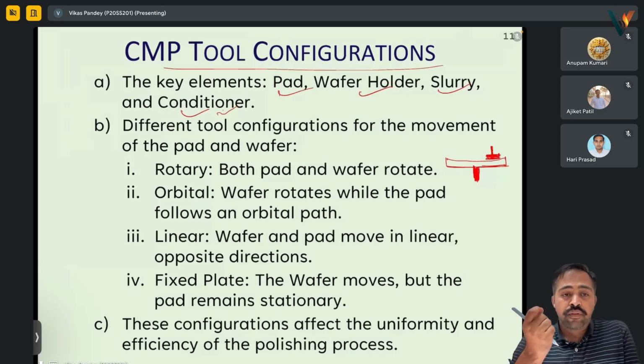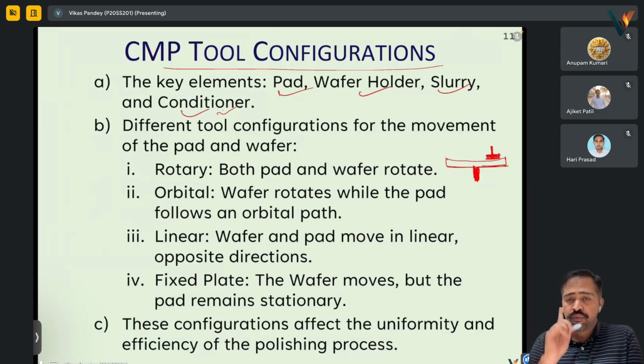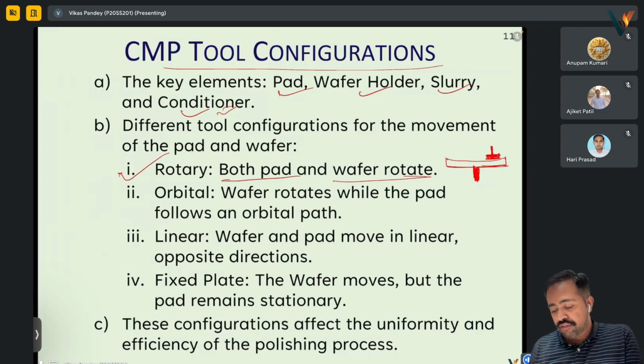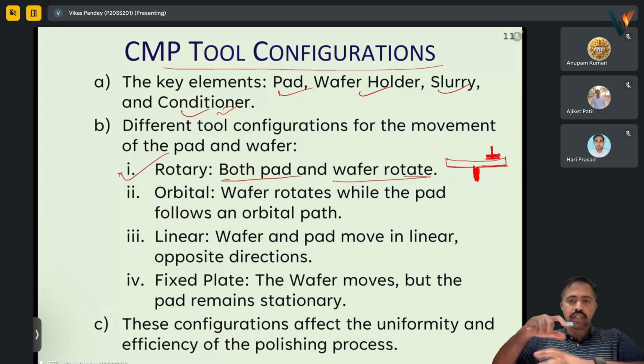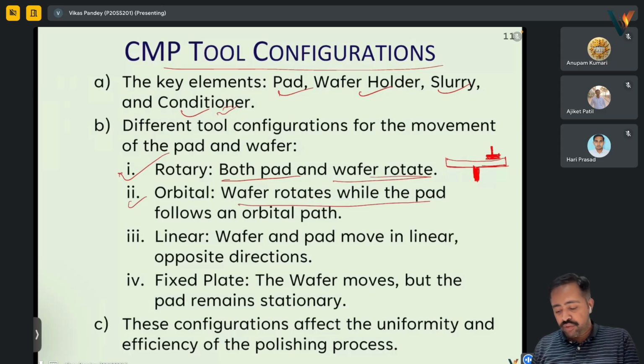So what are the configurations in which they can work? One is rotary configuration, in which both the pad and the wafer rotate. The pad is rotating as well as the wafer is rotating at the bottom. Second is orbital: the wafer rotates while the pad follows an orbital path.